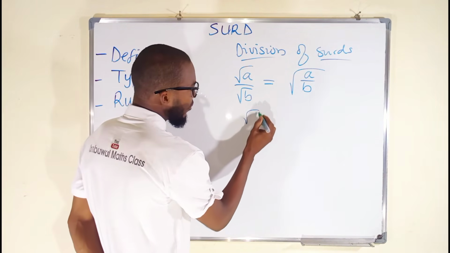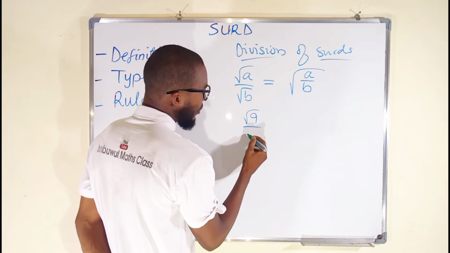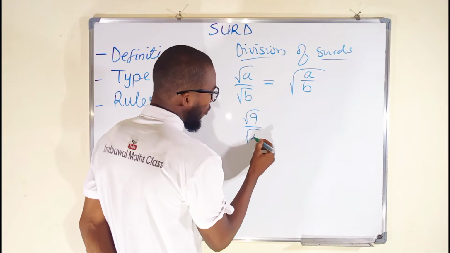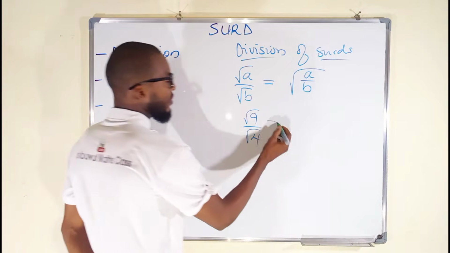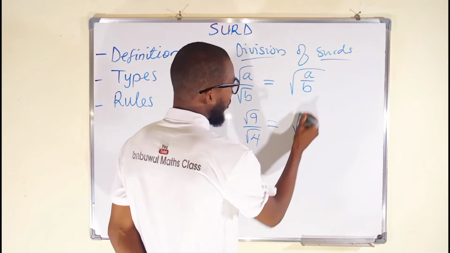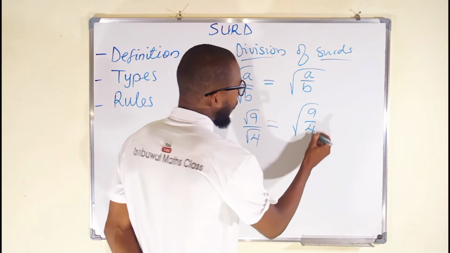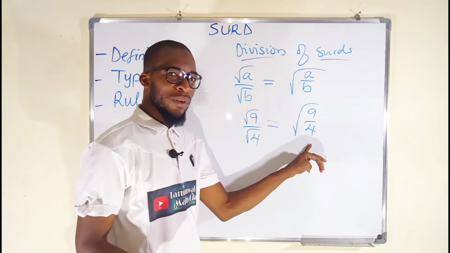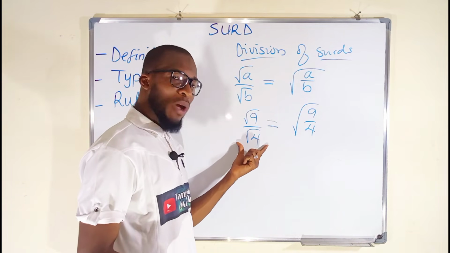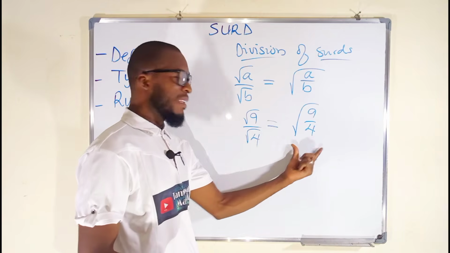Suppose we have square root of 9 over square root of 4. This is the same thing as square root of 9 over 4. 9 over 4 cannot be simplified, so taking this is more appropriate than this.